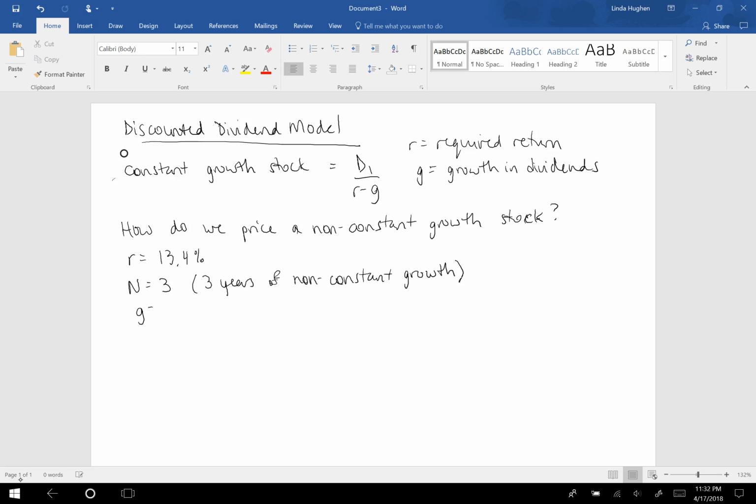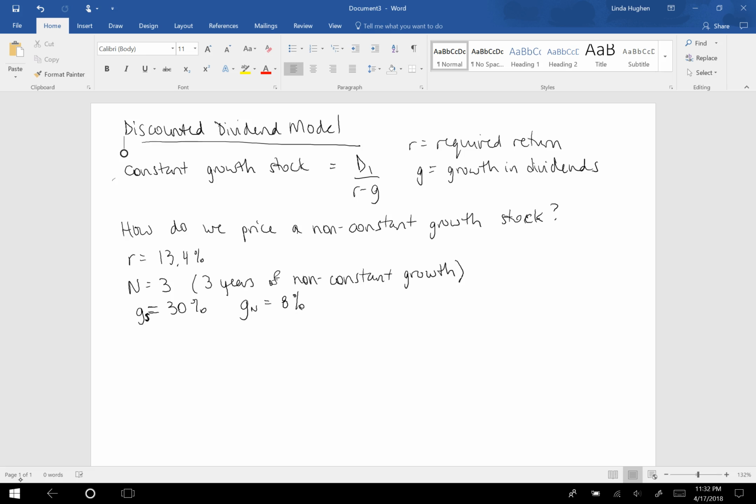The growth rate, once we do hit constant growth, will be... the growth rate in the non-constant period, this is G sub S, S for the supernormal period, is 30%, and then G sub N, once we hit the normal period, will be 8%.